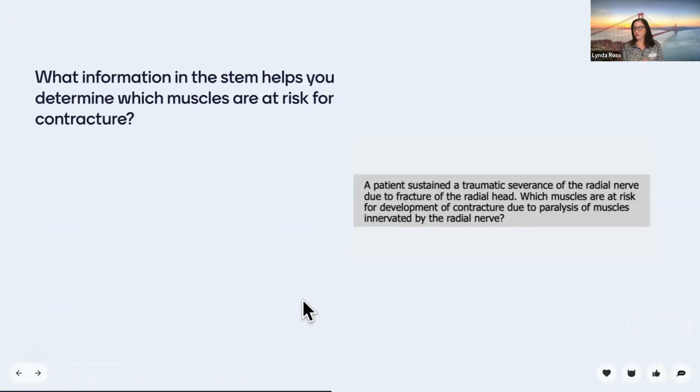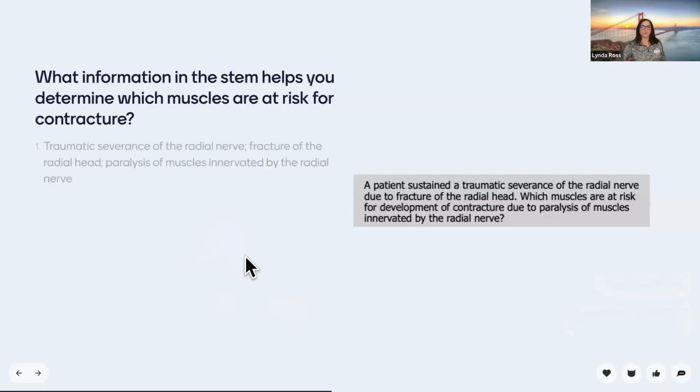So the muscles that are innervated by the radial nerve. The fracture to the radial head is important too, right? Because that's probably where the injury to the radial nerve happened. Great. So traumatic severance of the radial nerve, fracture of the radial head, paralysis of the muscles that are innervated by the radial nerve.